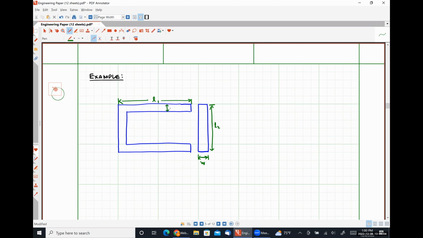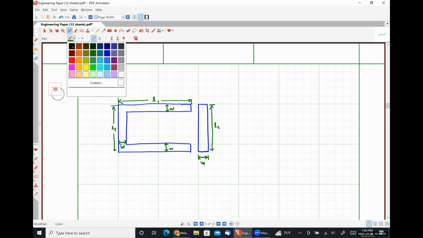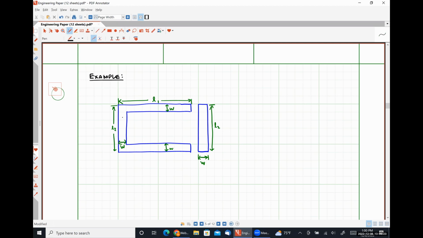This width will also be W. And this length will also be L2. I'm going to draw my winding.